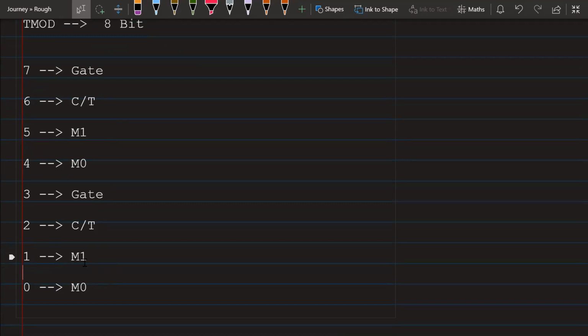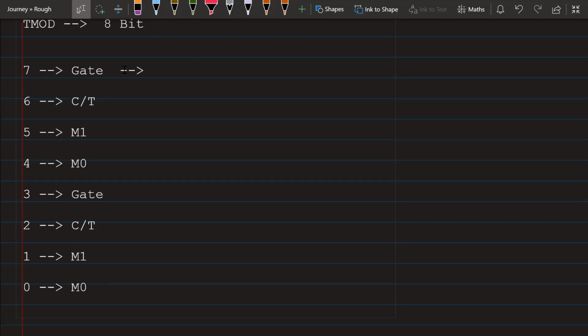Now the functionality of this GATE bit. We enable the timer only when the INTX pin is high. We have an INTX pin in the 8051, a dual function pin. If that is high, then only the timer will be enabled.